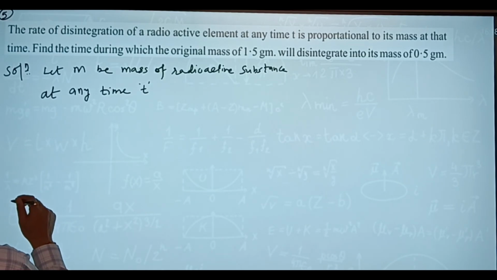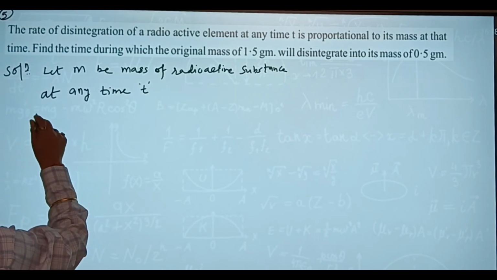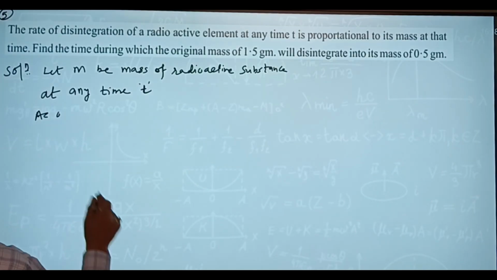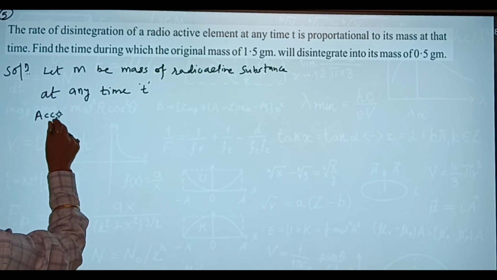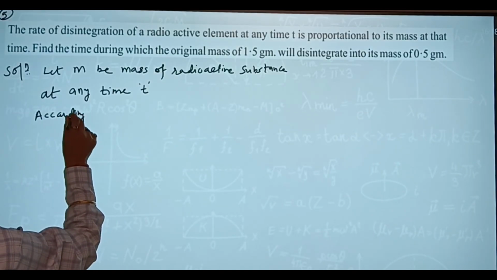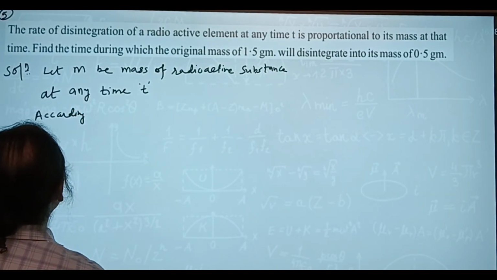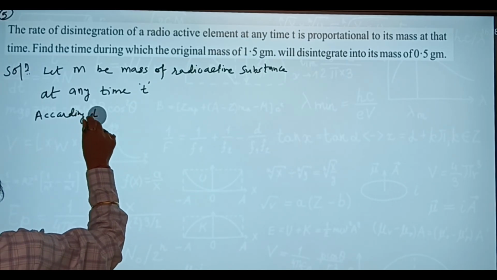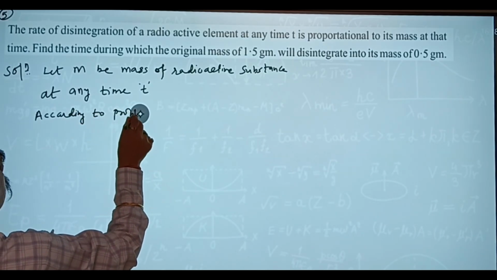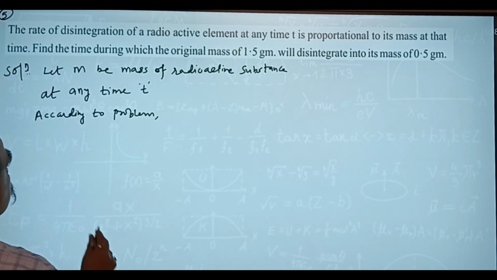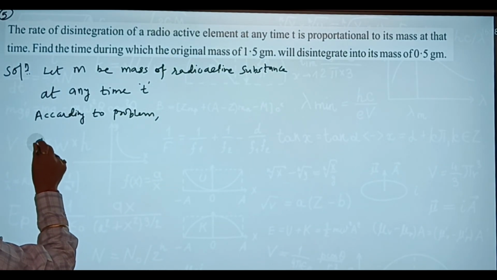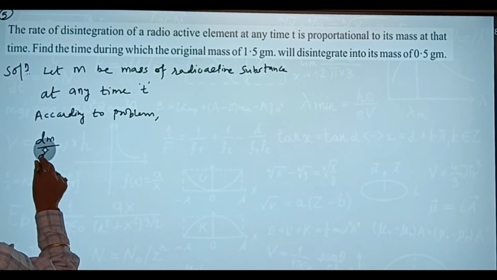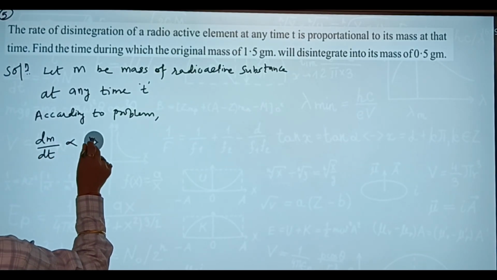According to problem, dm by dt is what? Is proportional to mass.